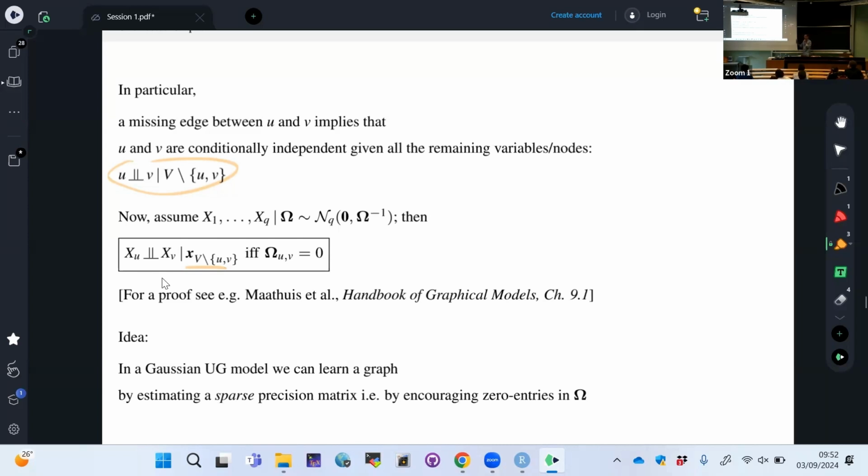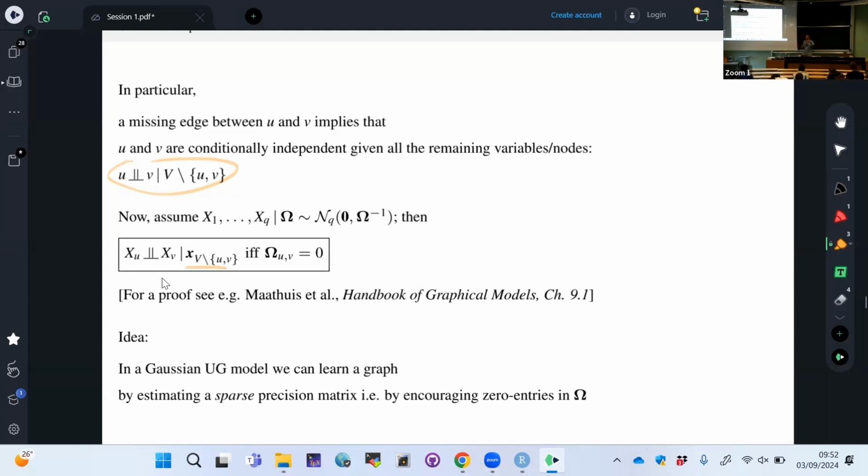So what is the implication of this result? The implication is that in a Gaussian undirected graph model, we can learn a graph by estimating what we call a sparse precision matrix, which means a matrix containing 0 entries. One possibility is to encourage 0 entries in omega.